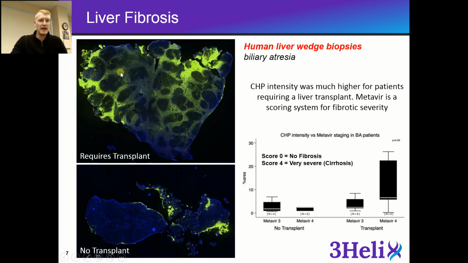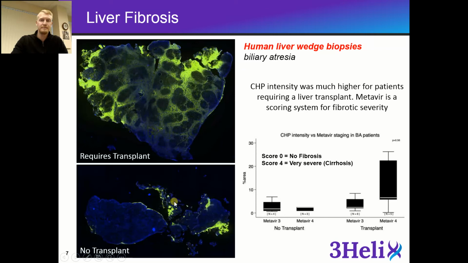As you can see, there's high levels of CHP binding as imaged here in the green fluorescence channel, and when you compare that to a patient that underwent the surgery to fix BA, in this sample, the patient did not have to get a liver transplant, and you see much lower levels of CHP intensity or CHP binding.